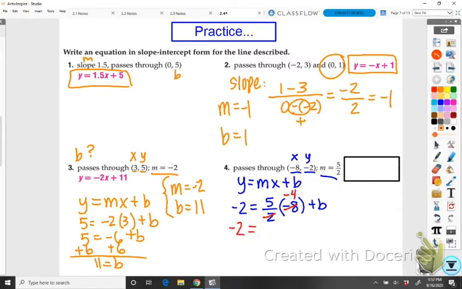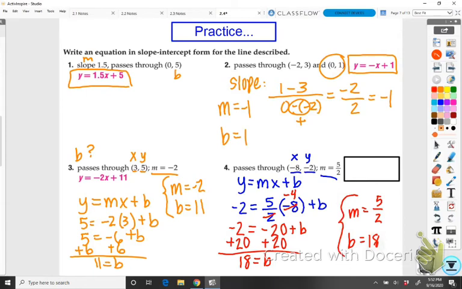So 5 times negative 4 is a negative 20. Add 20. Negative 2 plus 20 gives you a b value of 18. So if you have m is 5/2, the b is 18. If you put that together, you get y = 5/2 x + 18 for your equation.